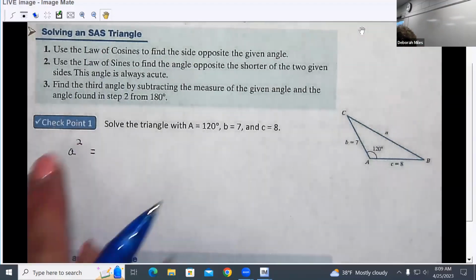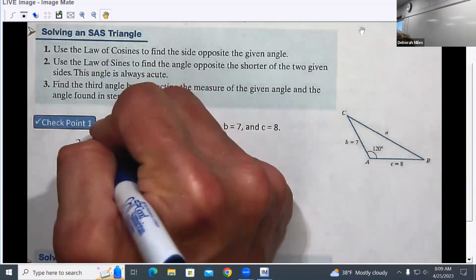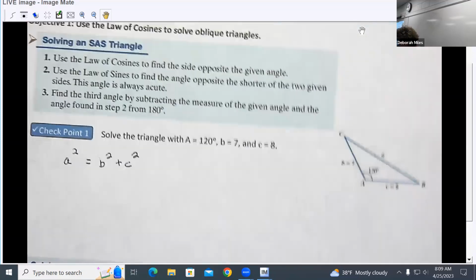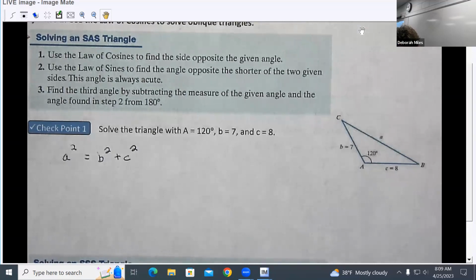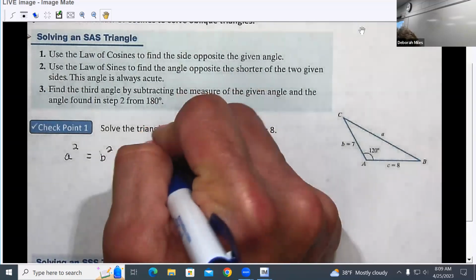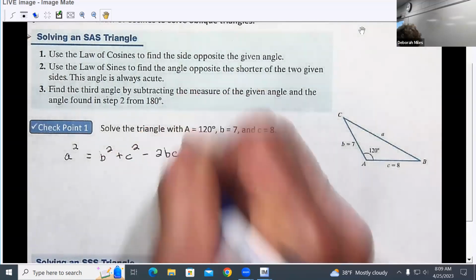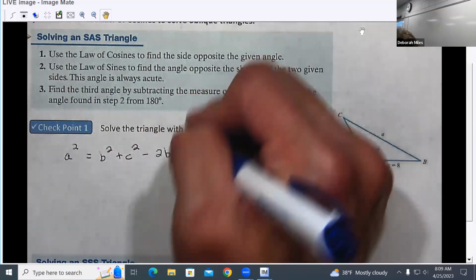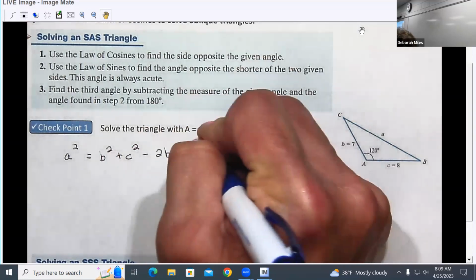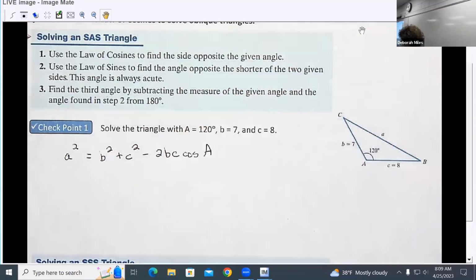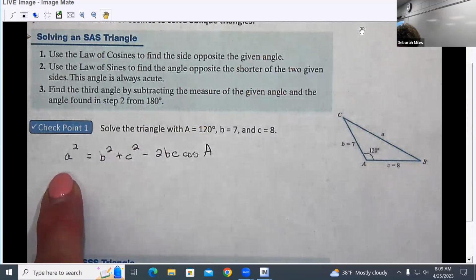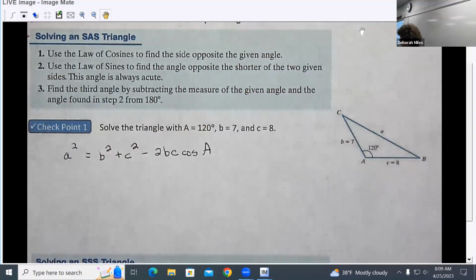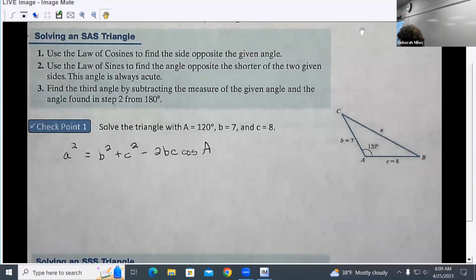The square of one side is the sum of the squares of the other two sides, minus twice the product of those two sides, times the cosine of the angle between them. Again, if you have a squared on the left, you're going to have cosine A on the right. And then it's just plug in some numbers and solve for a.